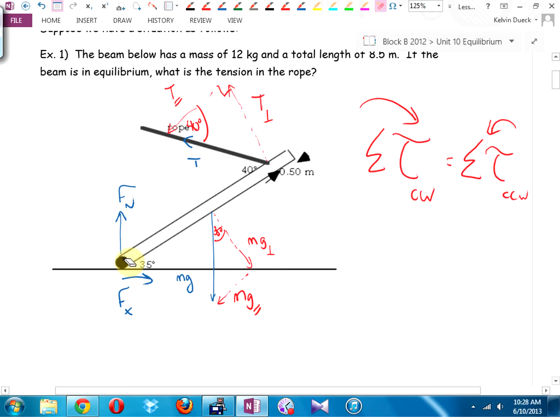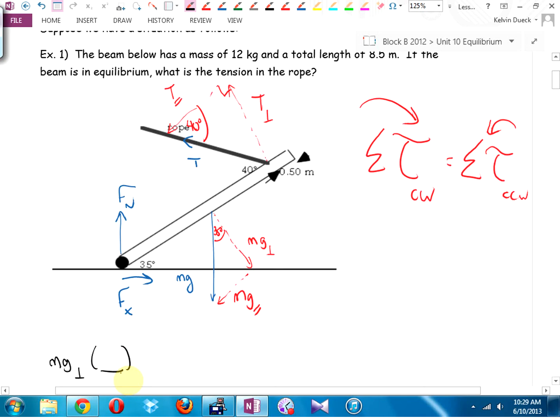Looking at my perpendicular components only, what would cause it to spin clockwise? I heard someone say it, they're right. mg perpendicular. So in my equation, it's going to look like this: mg perpendicular times its distance from the pivot.